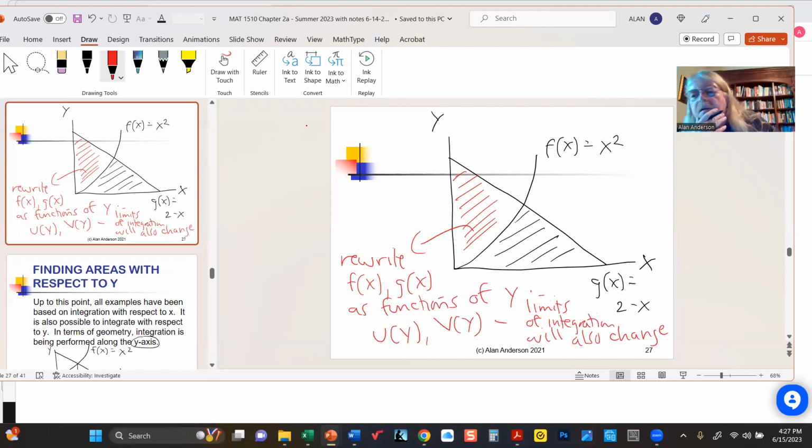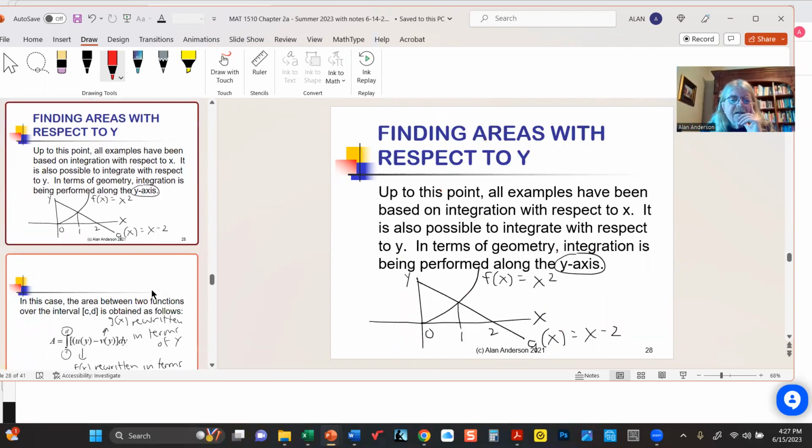But once that's done, everything works the same way. All right, so we can also integrate with respect to y rather than x. So in other words, the formula will look a little different.